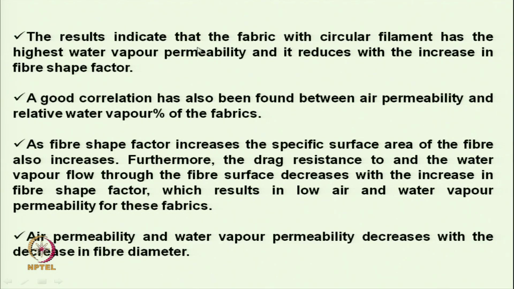That means, the result indicates that the fabric with circular filament has the highest water vapor permeability and it reduces with the increase in fiber shape factor. So, that is why we have to select the fiber with circular cross section.